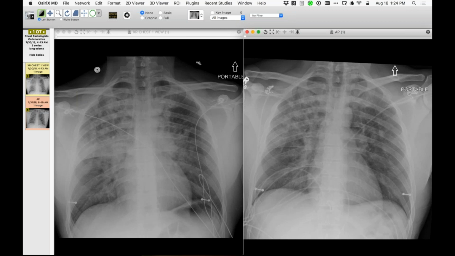And the cases that I have all look different. Some are asymmetric, some are diffuse. But most of the time, the amount of interstitial edema, if any, is very little. And they tend to present with alveolar edema consolidation, but sometimes a bit of both. But everyone that I have looks different. And they're always a little heterogeneous. They're never uniform, bilateral, diffuse.